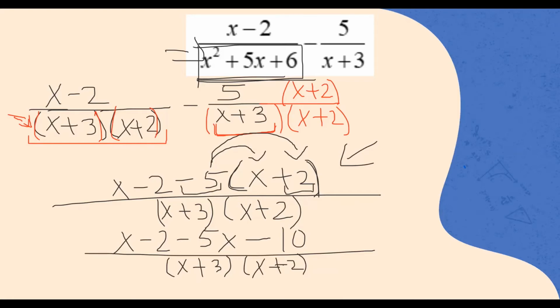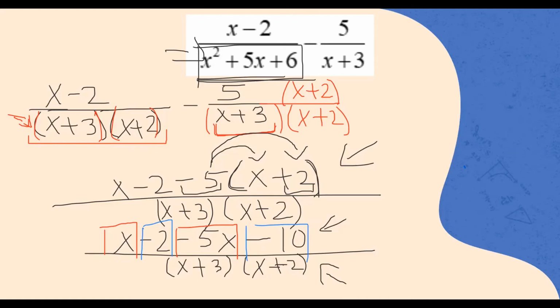So you have that at the top, and you have this at the bottom. So now if you take a look at your top, it's still not simplified. You still have to simplify it. And at this very step, the way you simplify this is by combining the like terms. Those are your like terms.